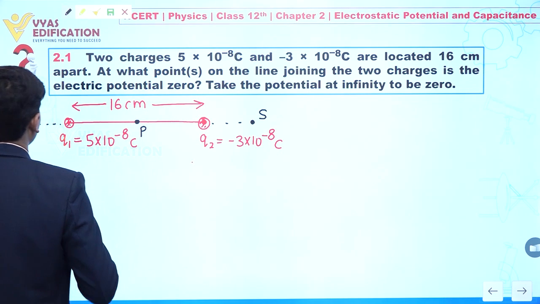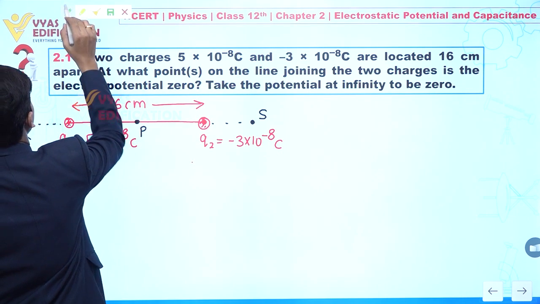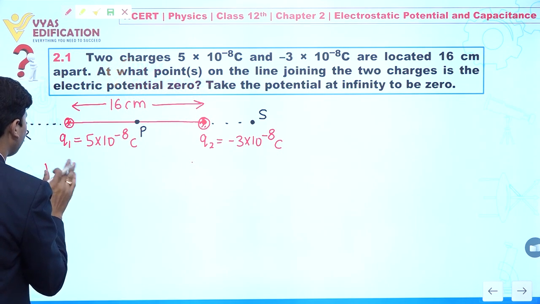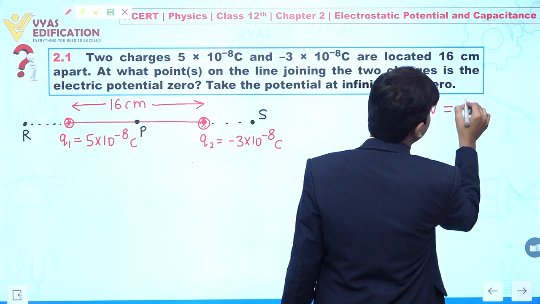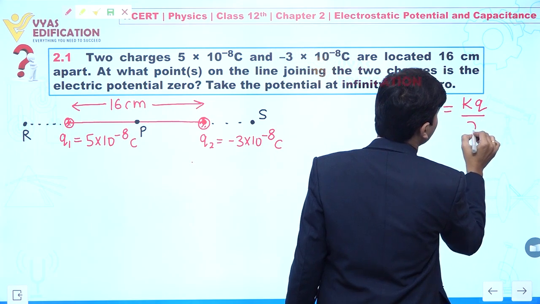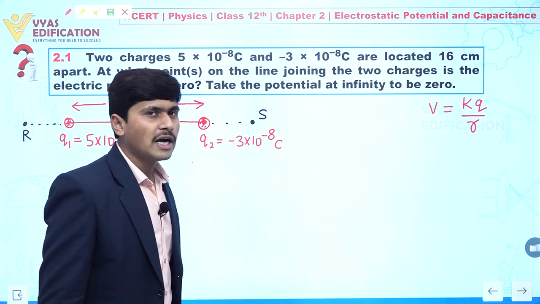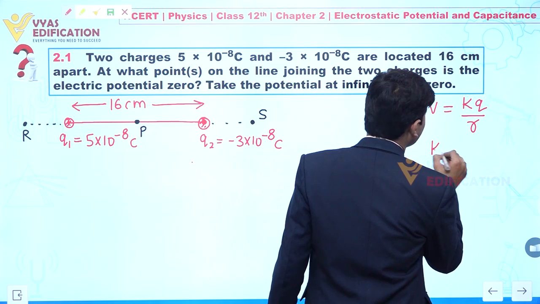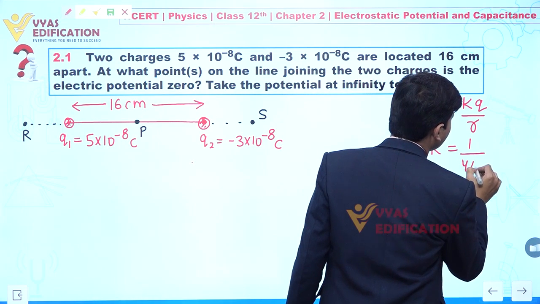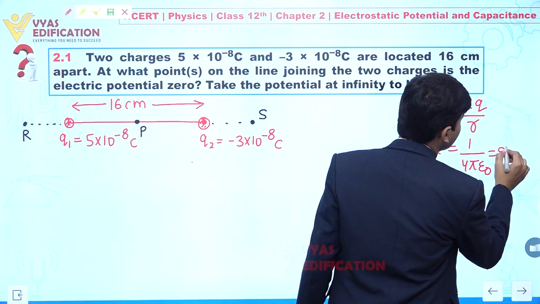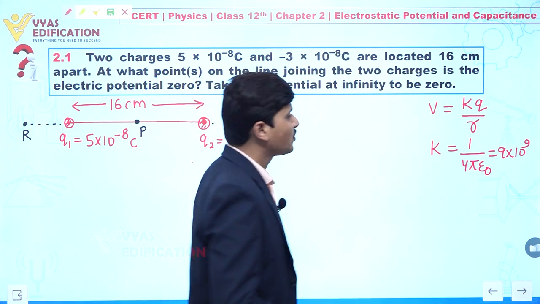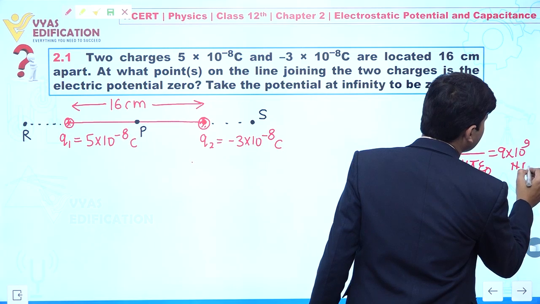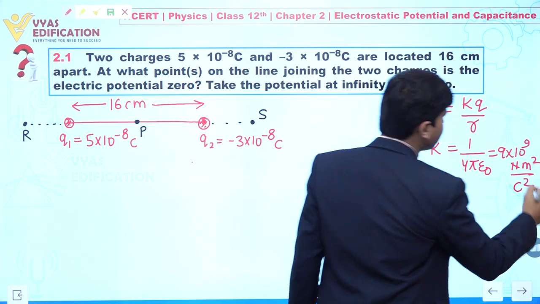The electric potential due to a point charge is given by KQ by r. Yes or no? Yes. And what is the value of K? The value of K is 1 upon 4 pi epsilon naught, which is equal to 9 into 10 to the power 9. Now, what is the unit? The unit is newton meter square divided by coulomb square.